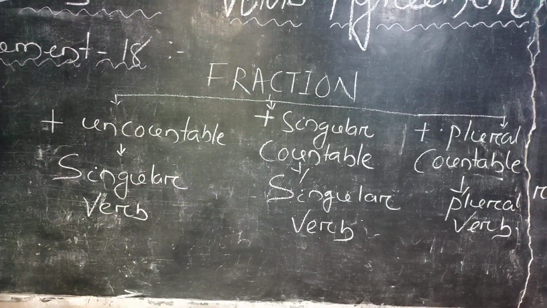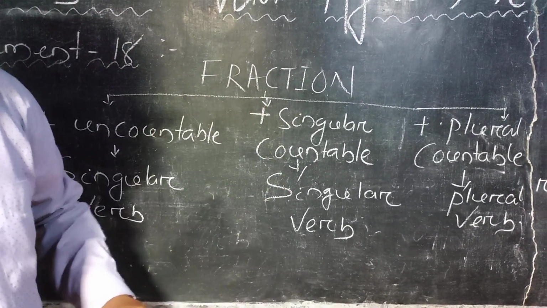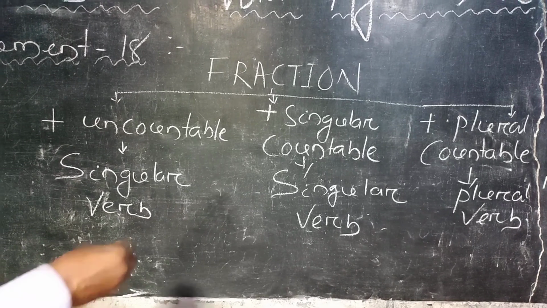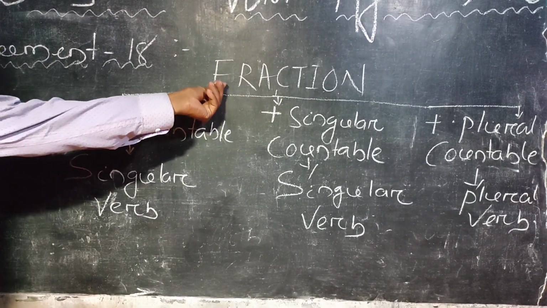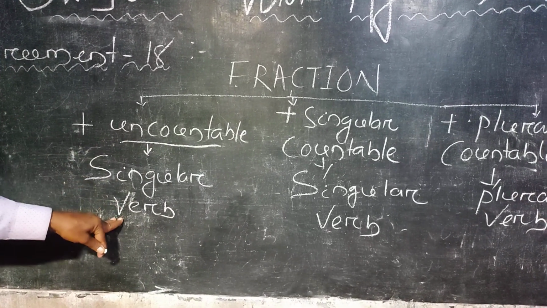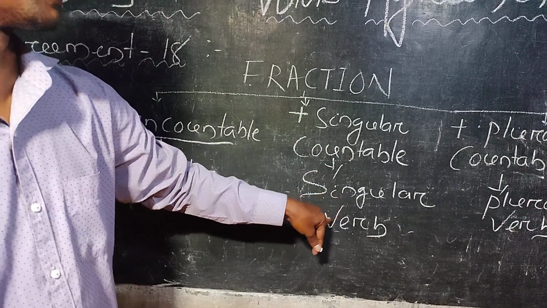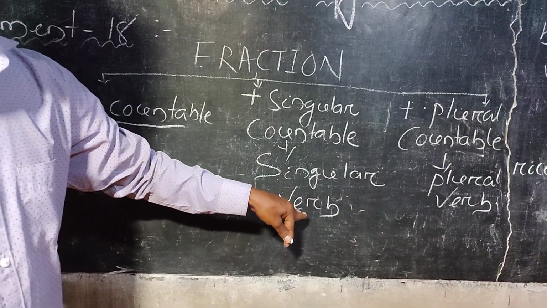And what is the fact? In case of fraction, we can classify it into three broader divisions. Fraction plus uncountable will take a singular verb. Fraction plus singular countable noun will take a singular verb.